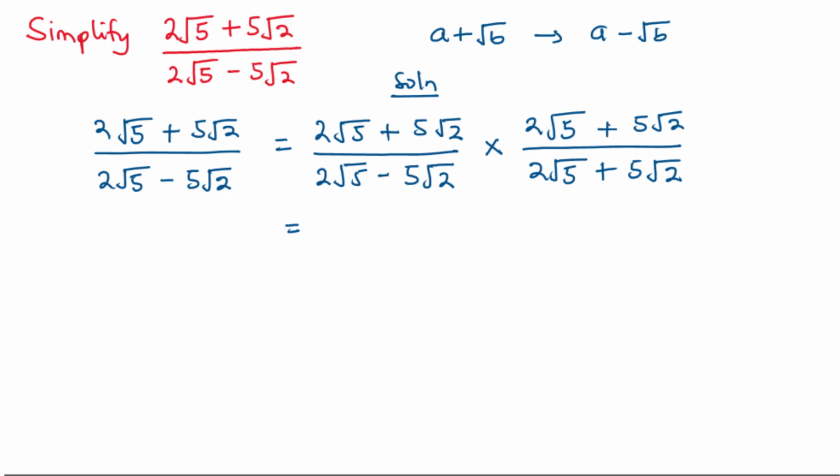At this point, let's multiply across. So we have 2 root 5 times the whole of this, and then plus 5 root 2 also times the whole of this.